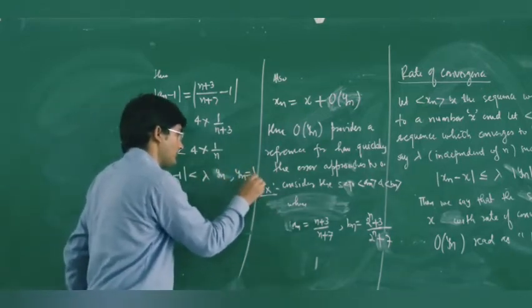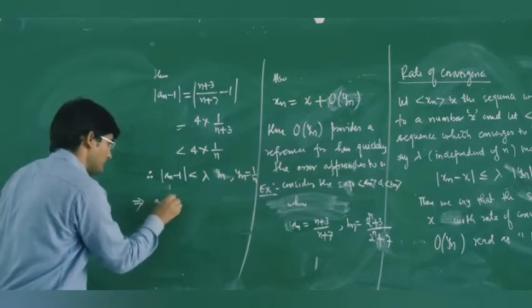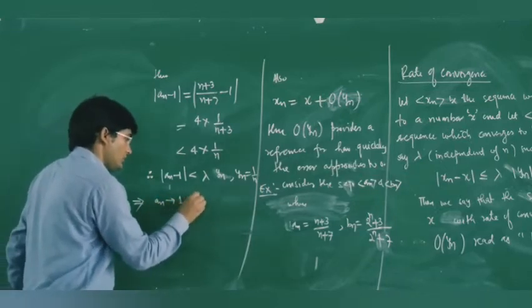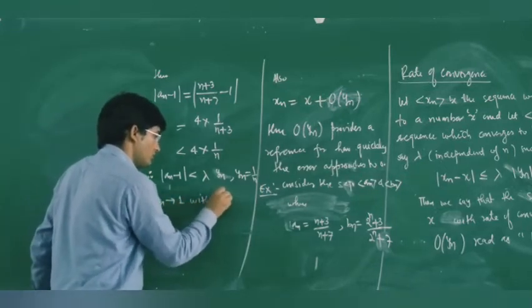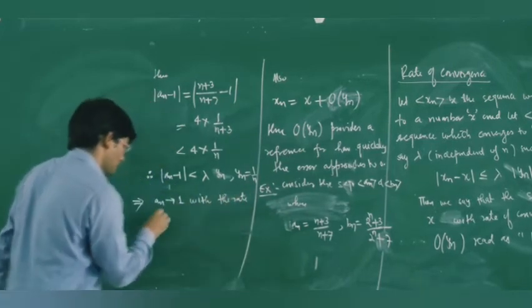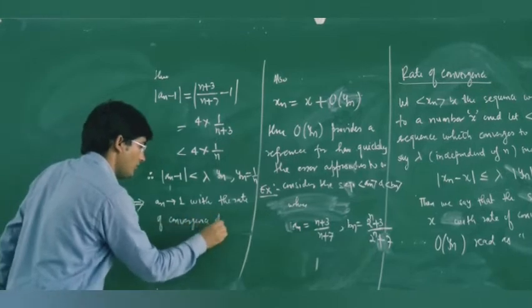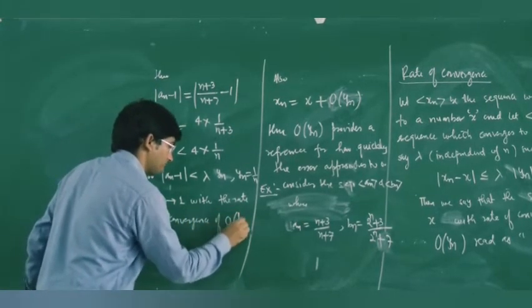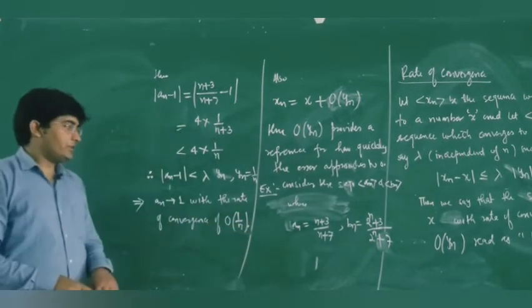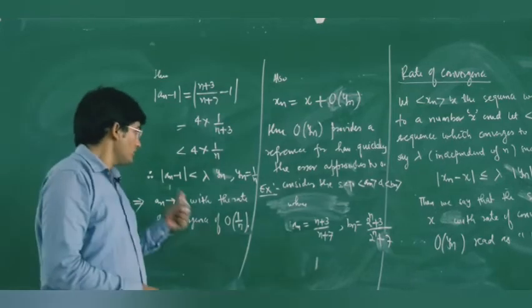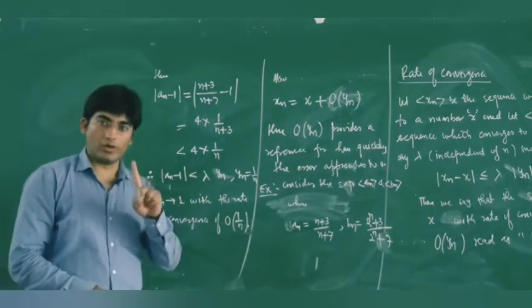Your yn is 1 by n. This implies that your an is converging to 1 with the rate of convergence of 1 by n.